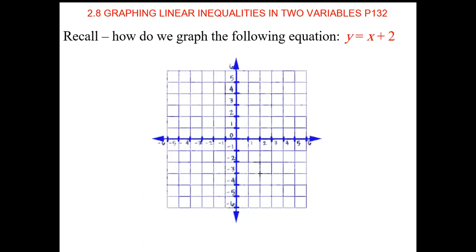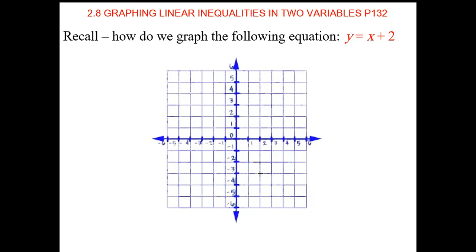This is the main thing that we're going to do in the inequalities, but there is an extra step after drawing the line, and that extra step is the shading. An inequality means the equal sign will no longer be equal, it will be bigger or less, or bigger and equal, less and equal.